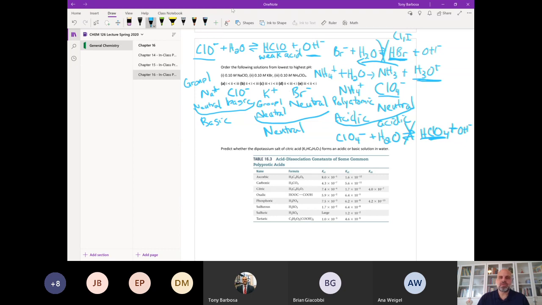So the lowest pH is going to be the acidic solution, right? So that's going to be 3. Highest pH is going to be the basic solution, which is 1, and obviously 2 ends up in the middle. All right. Questions on that?